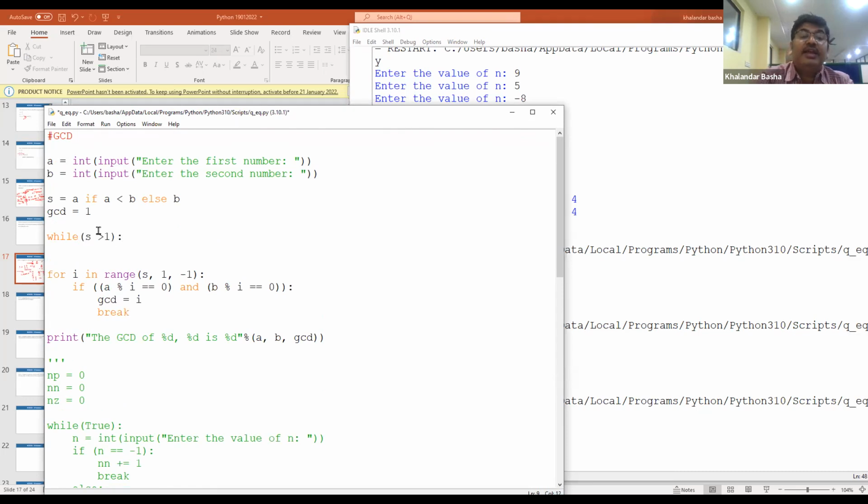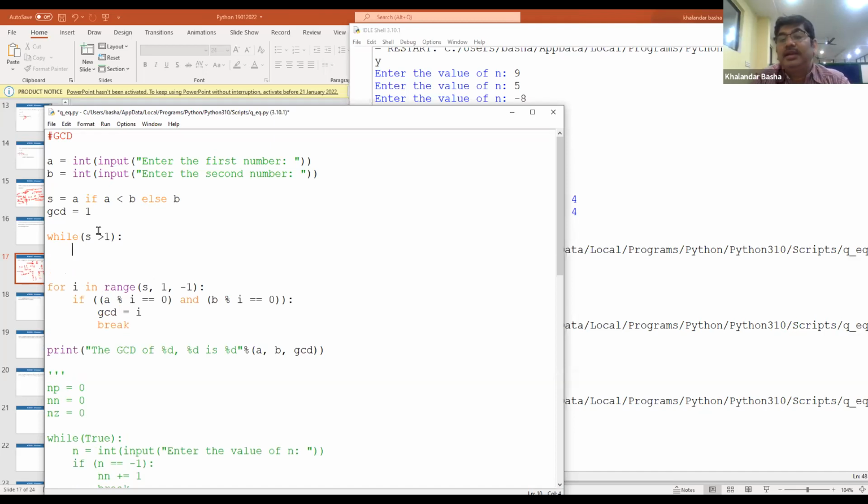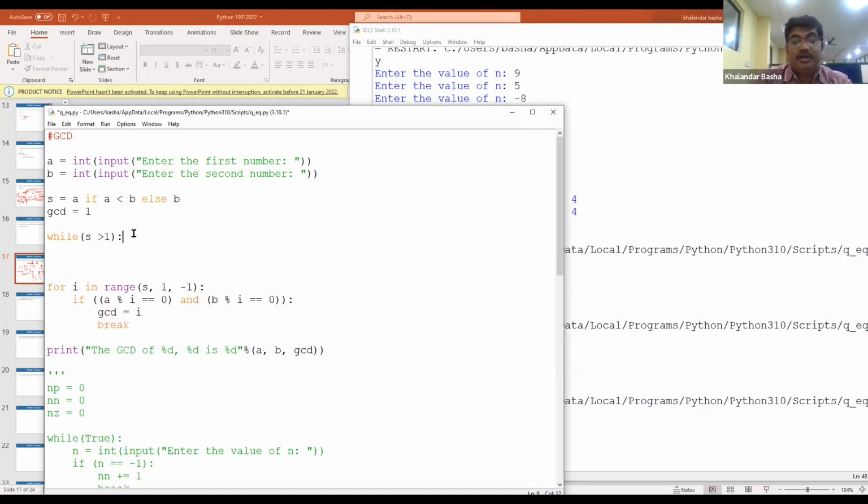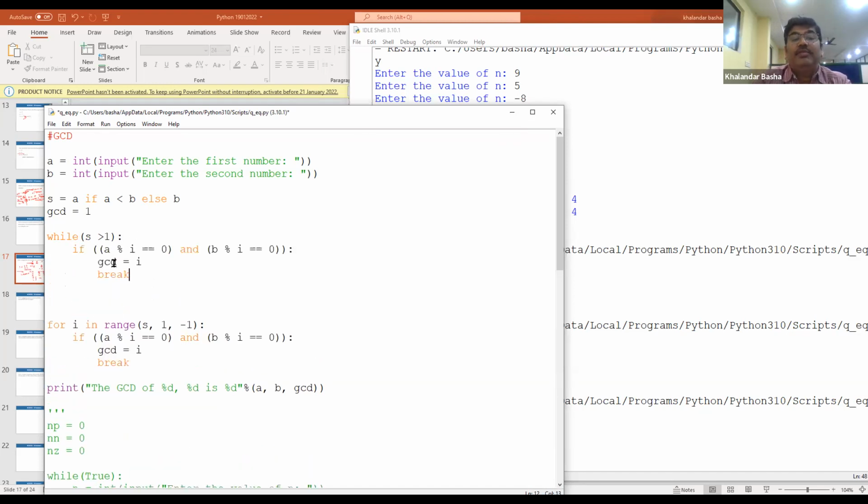S is greater than 1. Till that point I can divide. So then I'll write this statement: if A percentage of I, do you have I value here? No. So this is nothing but S. A % S double equals 0, GCD is equal to S, break.